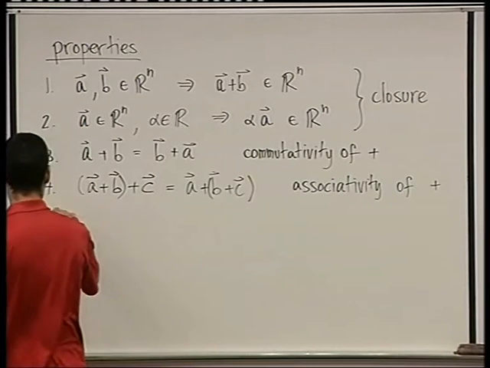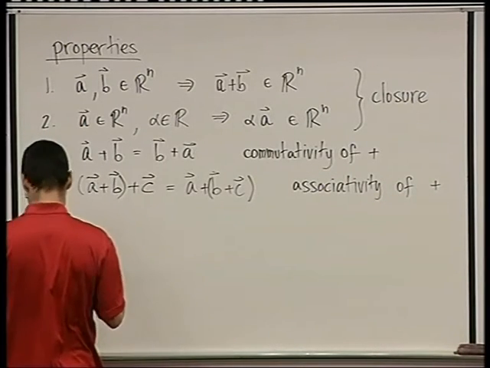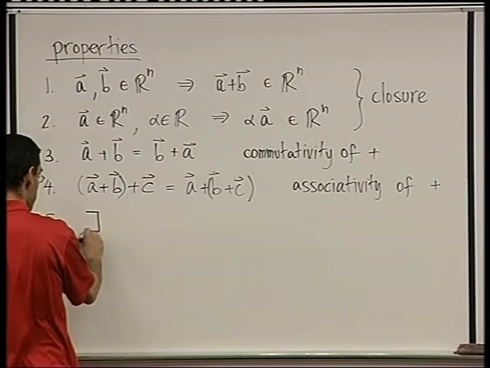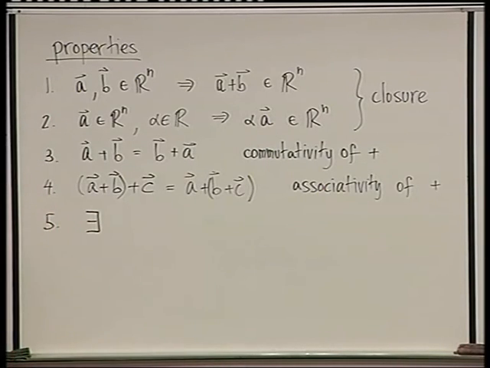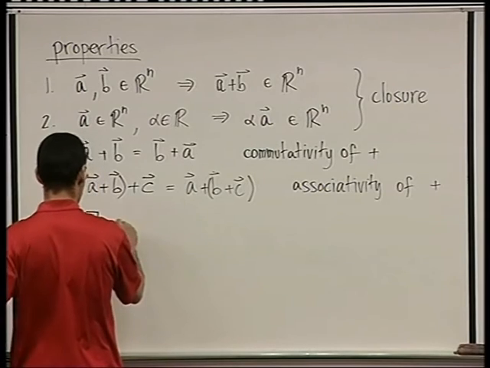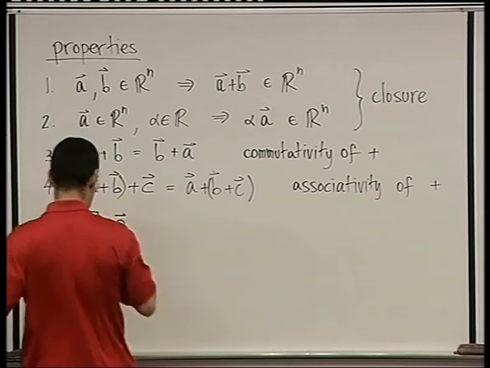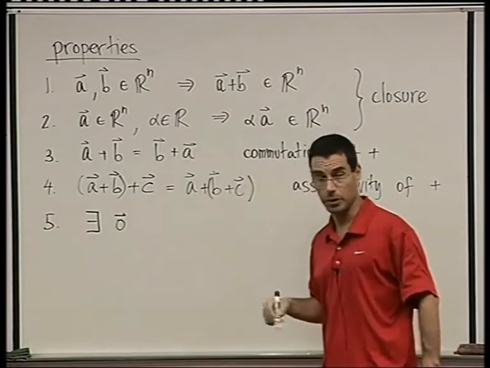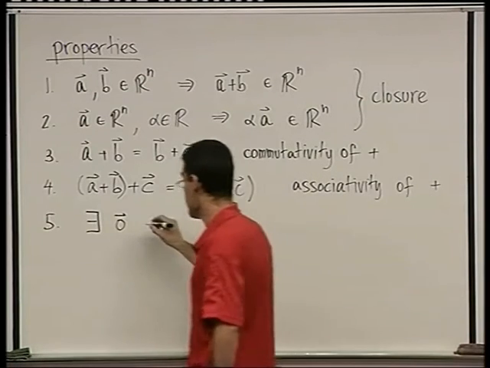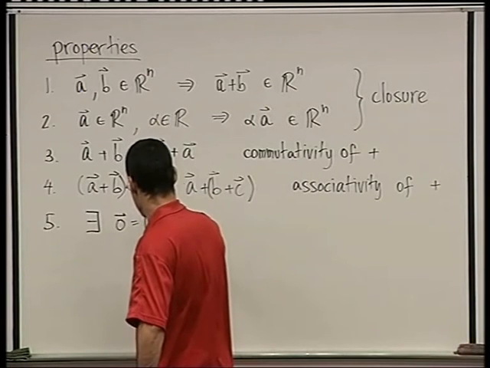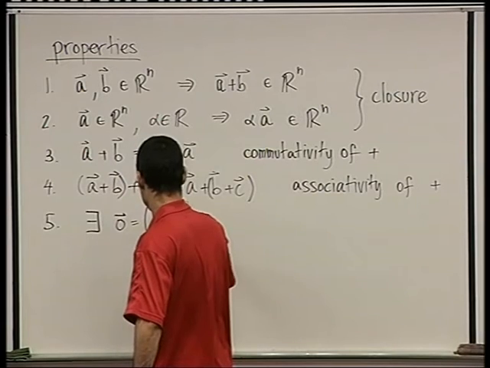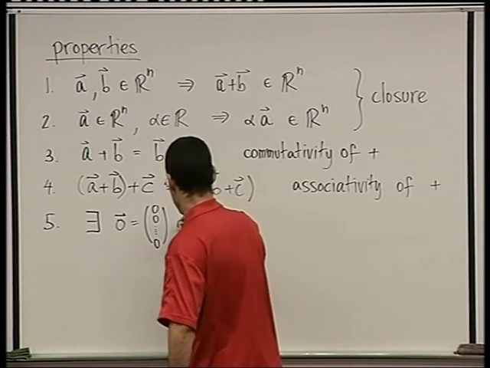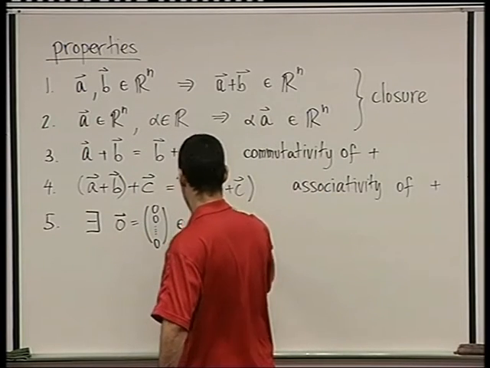Property number 5, there exists, remember this symbol? There exists a 0 vector. A 0, and I'm going to add a little arrow over the 0 to indicate that it's the 0 vector. Namely, it's just the vector that has 0 in every entry. So there exists a 0 vector in Rn.